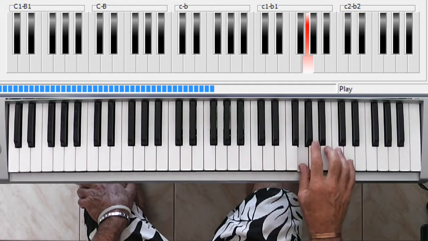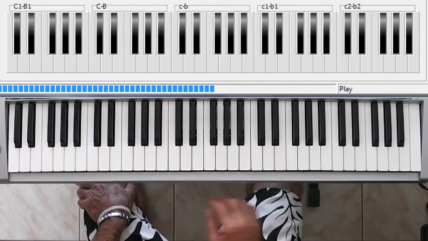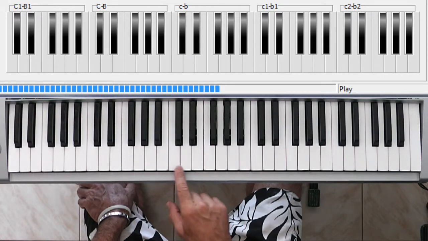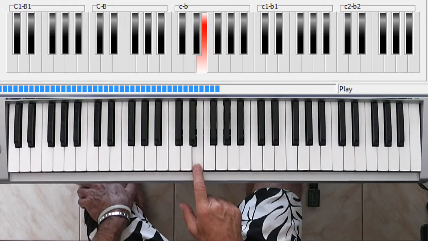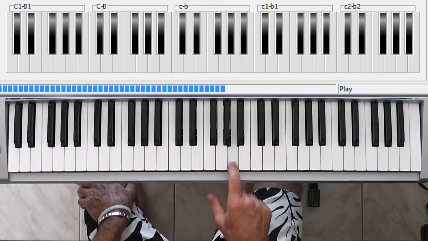Then we're back to G. And this works in every key. Major, minor, minor, major, major, minor, diminished.